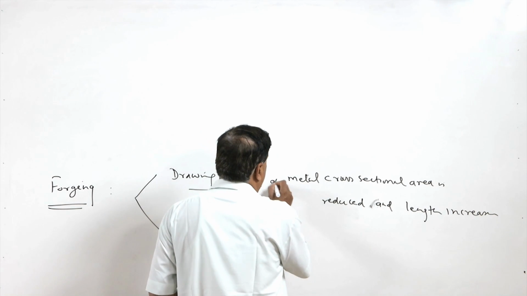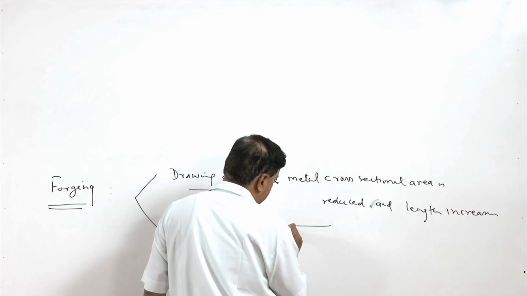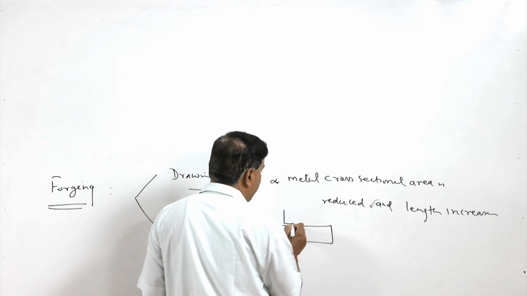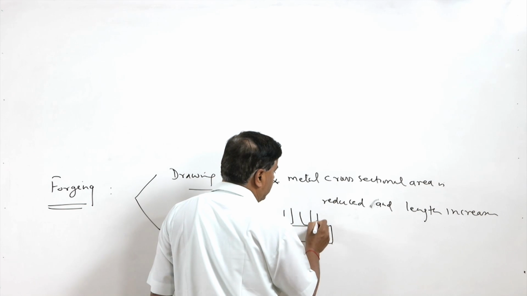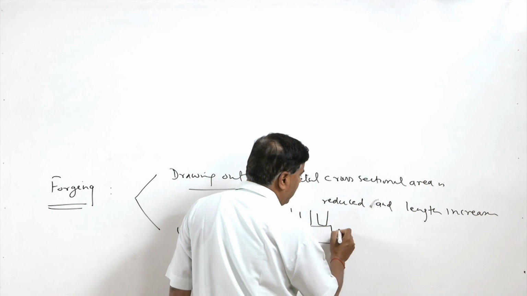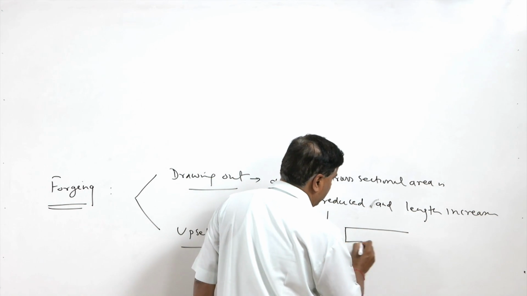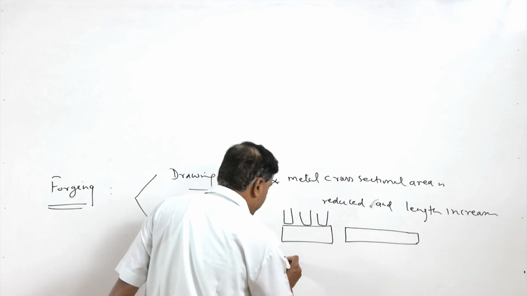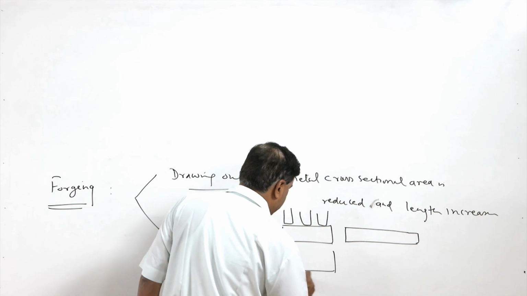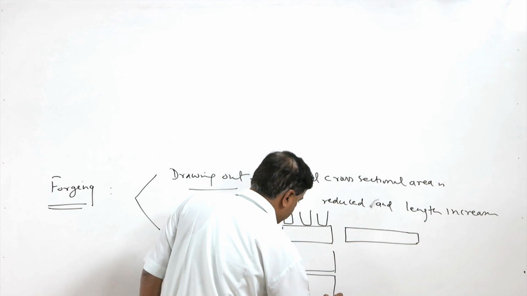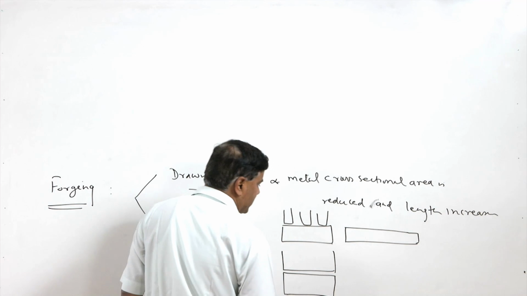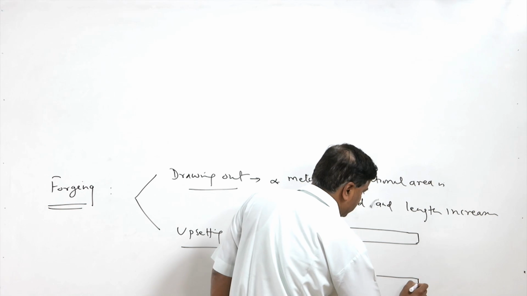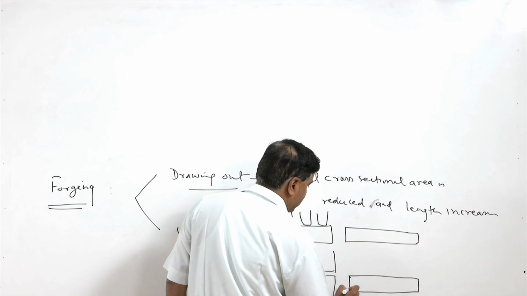If we apply hammers continuously, the section is reduced and the length is increased in this manner. Or we can apply the force through the ram directly onto a plate of larger thickness, and after the application of force the section thickness is reduced and the length is increased.